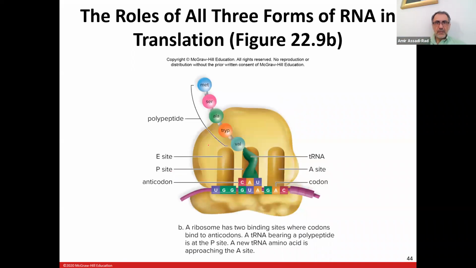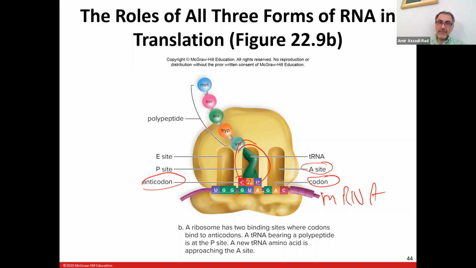Okay. Right here, they're showing you a tRNA molecule, and the 3 nitrogenous bases on tRNA are called the anticodon. On mRNA, they are called what? Codon. This diagram is showing you the A site, where the tRNA arrives.